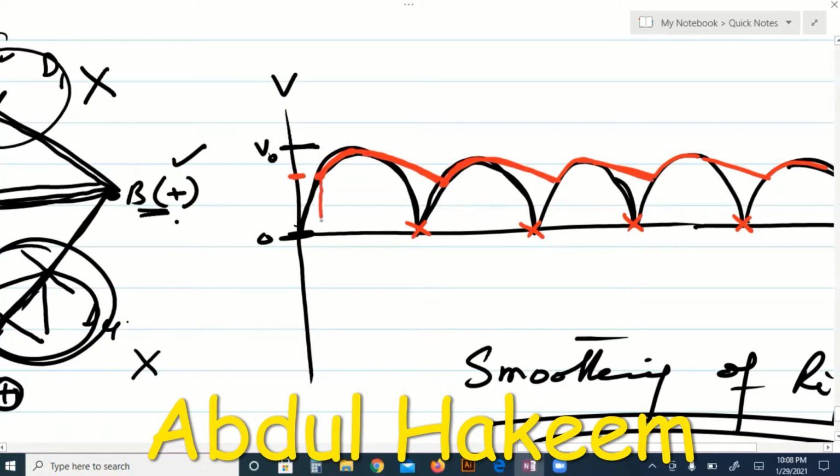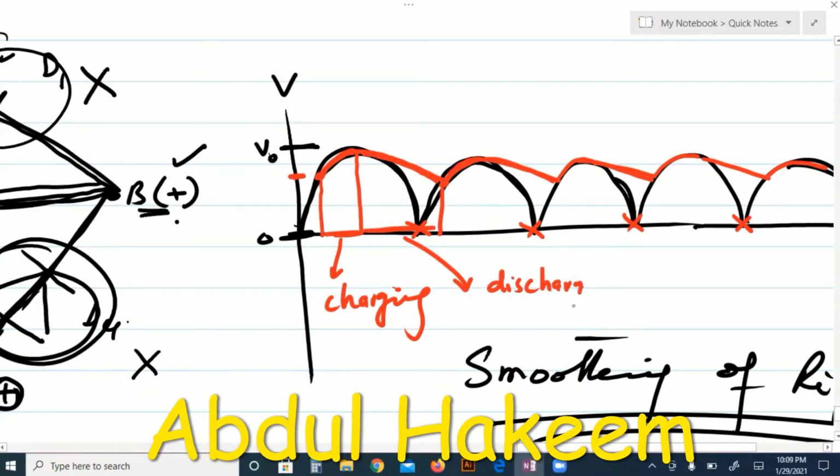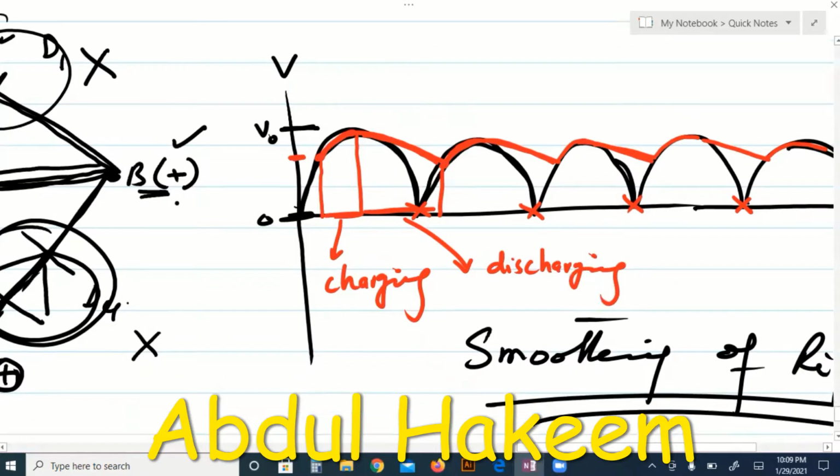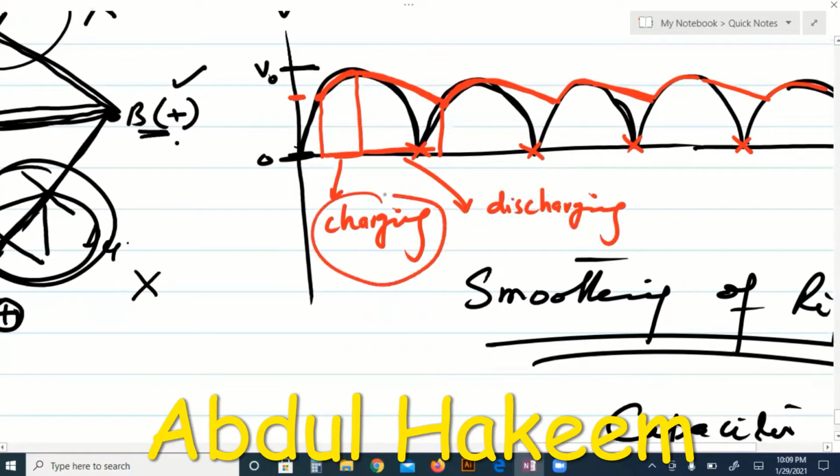Now for this gap, there is a charging of the capacitor. And for this gap, next one, there's a discharging of the capacitor. Now do remember, charging occurs between the capacitor and the supply, and the discharging between the resistance and the capacitor.